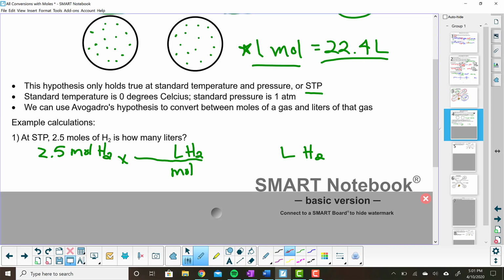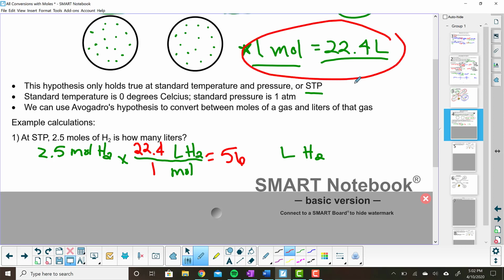So in my conversion factor, I have 1 mole and 22.4 liters. Then to solve, you just do your normal multiplication, 2.5 times 22.4, and we get 56 liters of H2.